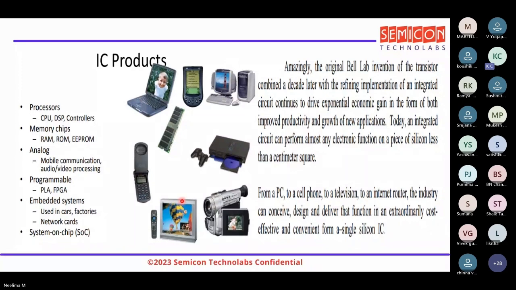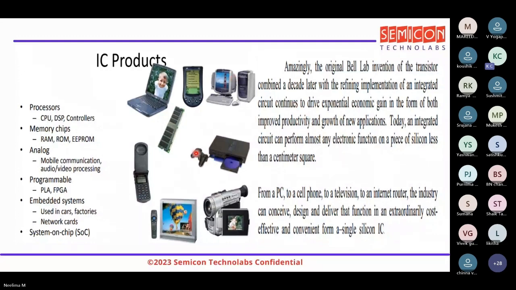Now, if you have so many markets in your hand, let's say TV, laptop is one market, camera section is another market, gaming is another market, and supercomputers are another market. These are all different markets, different consumers are there to purchase these products. So that will obviously help in exponential economic gain.